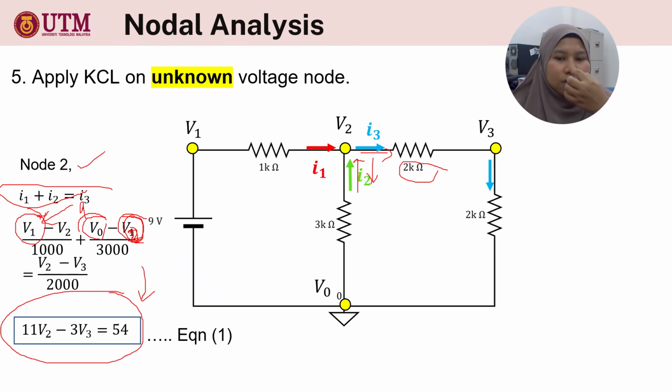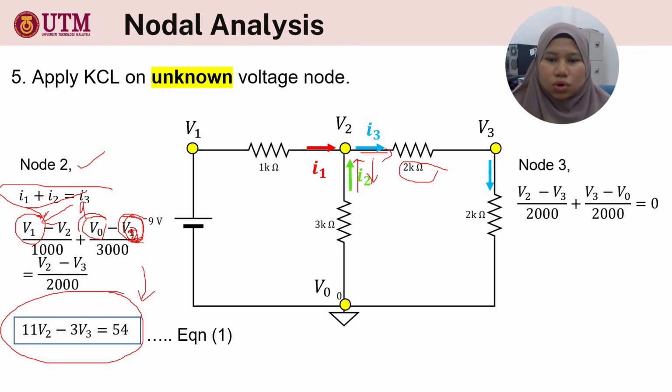Next, we want to apply another KCL in node V3. This is node 3. The current here is in, and this is the current. Is this current out? No. This is the same current flowing through.